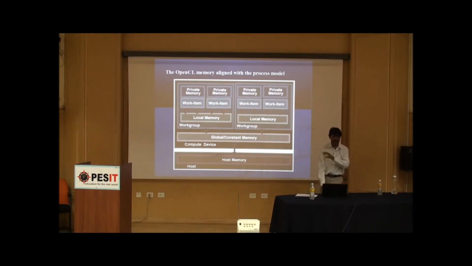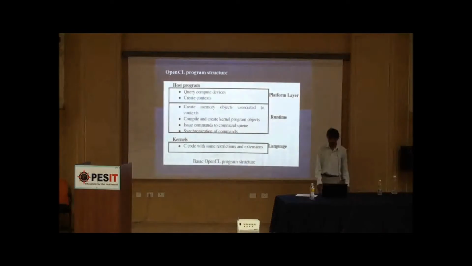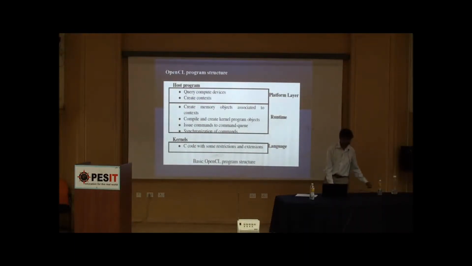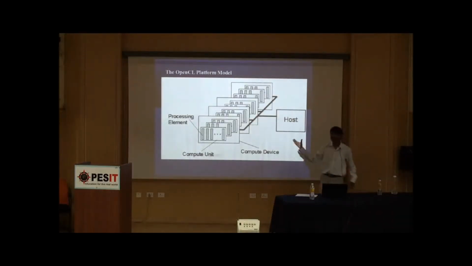Is this clear? Before going to the next part, do you have any queries here? This part should be very clear, and only then can you understand how programming actually goes.